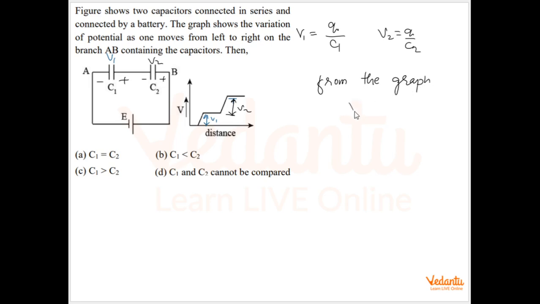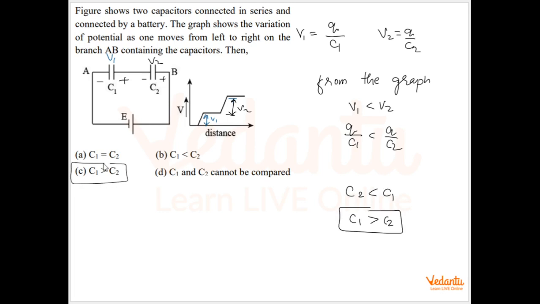From the graph, we can see that V1 is less than V2. So essentially Q by C1 is less than Q by C2. If I do the cross multiplication, Q will get cancelled out and for the remaining I will do cross multiplication. I will get C2 is less than C1, or what I can say is C1 is greater than C2. So option C will be the correct answer for this question.